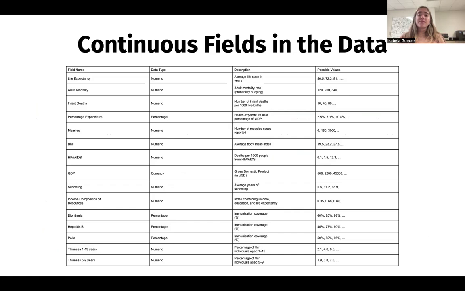The continuous fields in the data set are life expectancy, adult mortality, infant deaths, percentage expenditure, measles, HIV, GDP, schooling, income composition, diphtheria, hepatitis, polio, and thinness between 1 and 19 years, and thinness from 5 to 9 years. So, I'm sorry.